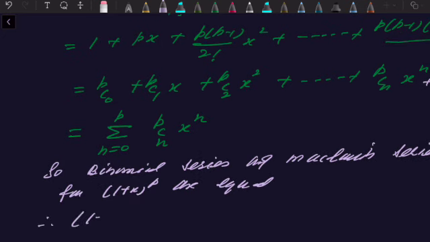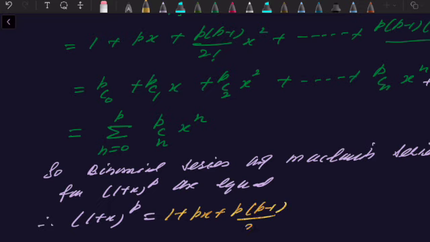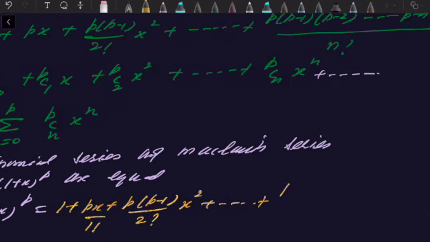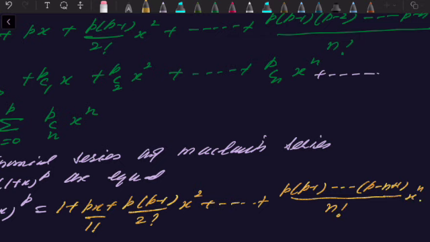So therefore we can say binomial and Maclaurin series for this expression 1 plus x raised to power p are same, and we can write like this, or maybe in a different color: 1 plus px plus p into p minus 1 by 2 factorial x square and so on up to p into p minus 1 and so on p minus n plus 1 divided by n factorial into x raised to power n.